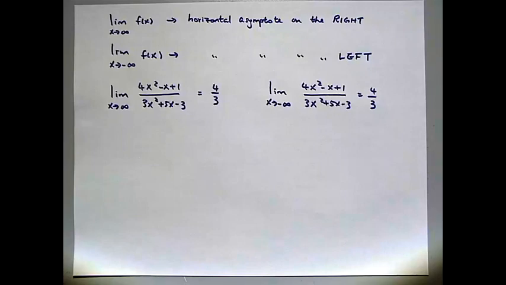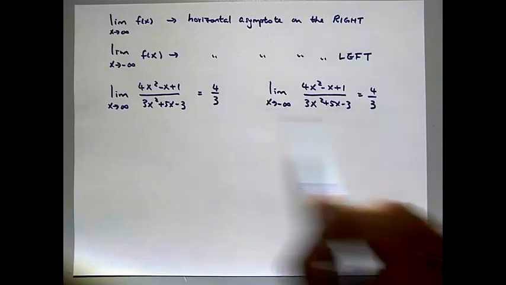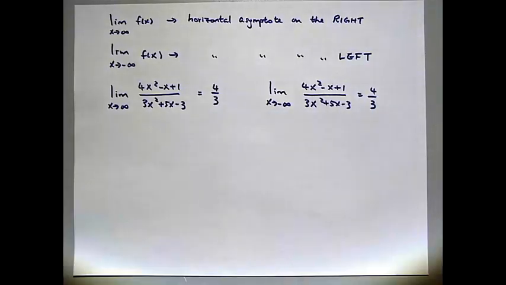So what that's telling you is that the graph is going to get closer and closer to the horizontal line y equals 4 over 3, the farther you push it to the right or to the left side. It doesn't tell us anything about the region near the origin, but it tells us the behavior as we push things away.